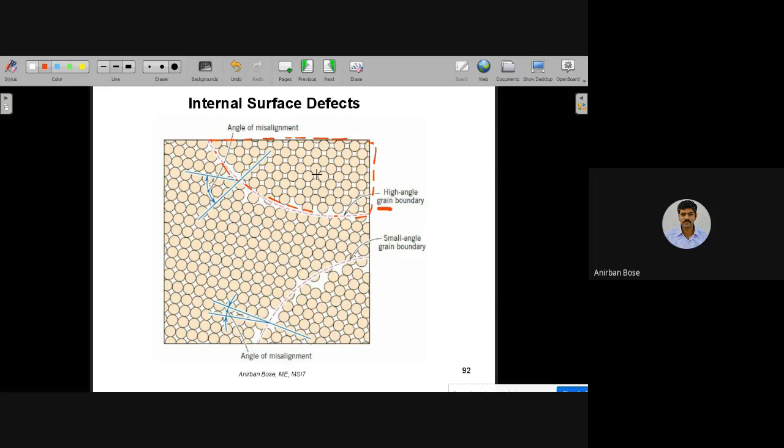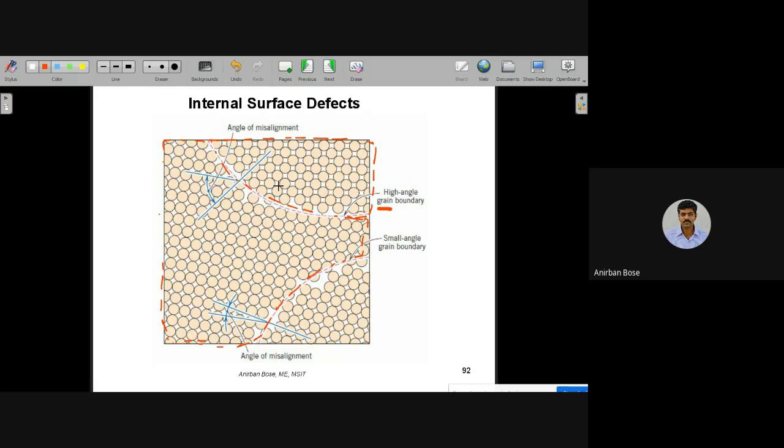Within this other region, which I am shading now, you see again the atoms are in a regular periodic fashion, and they have identical surroundings.